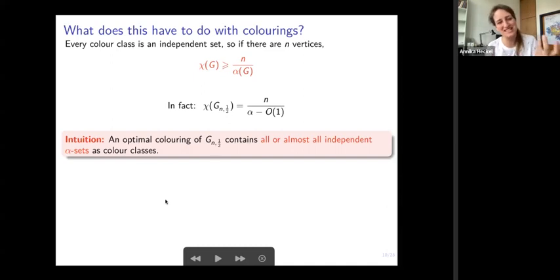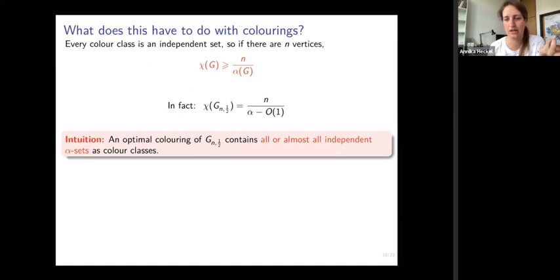And this suggests that an optimal coloring of G(n,1/2) should contain most of the very, very large independent sets as color classes. So if you build up your coloring, the first thing you might want to do is take all the maximum independent sets, make them their own color classes, and then continue like that. Now I'm oversimplifying, because this is actually not what we think happens.